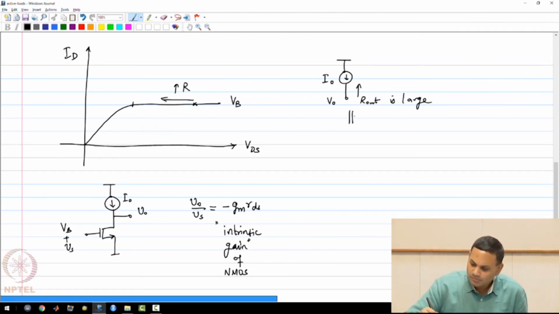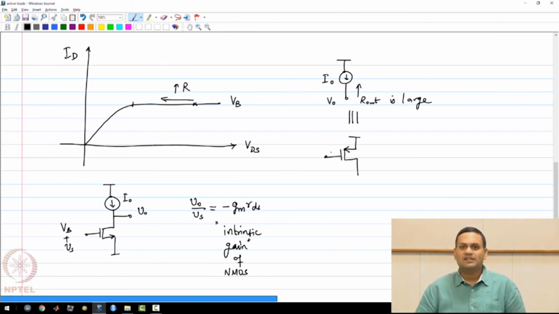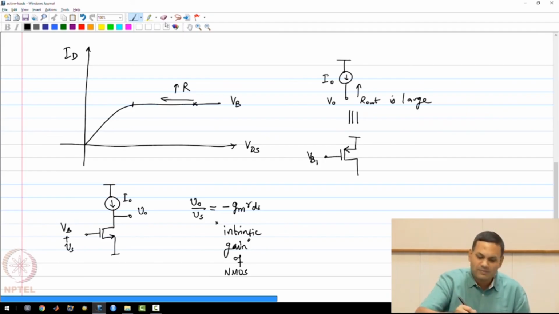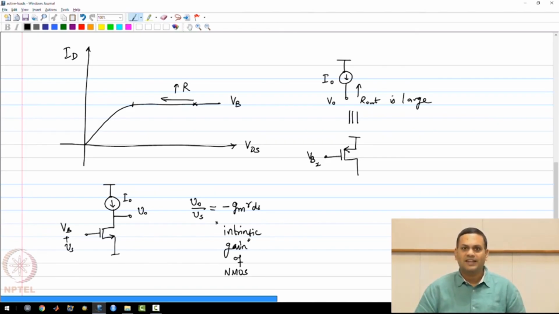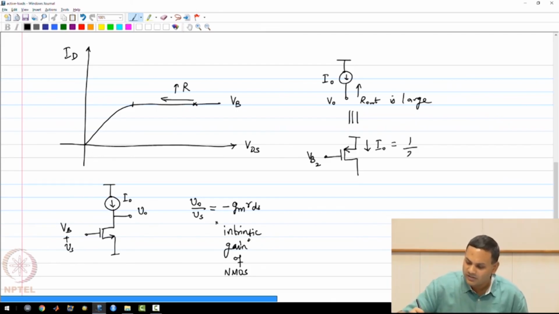Many of you might realize that a PMOS transistor with its source connected to VDD and its drain connected to some VB1, or VB2, with its gate connected to VB2 will have a current I naught that is related to VB2 in the following manner.